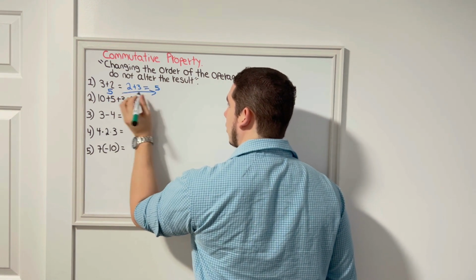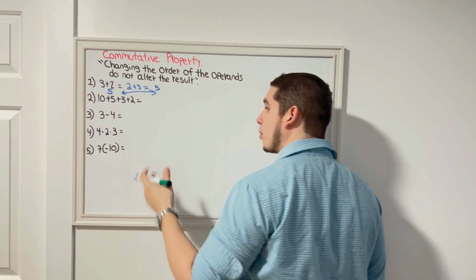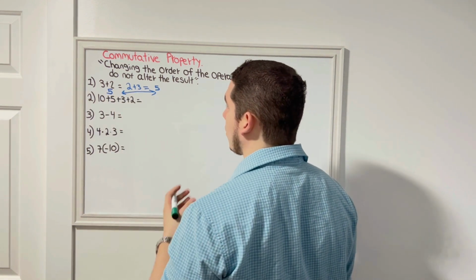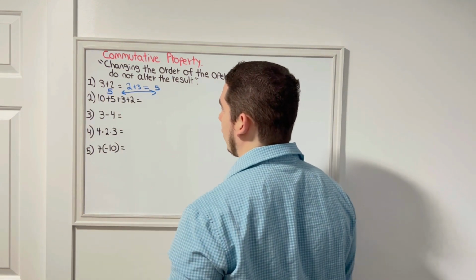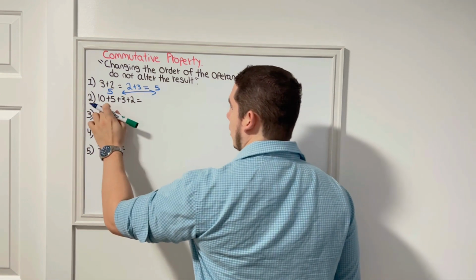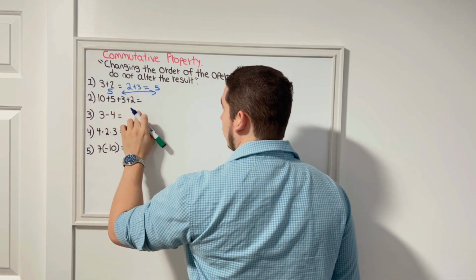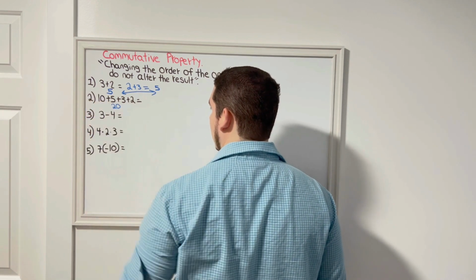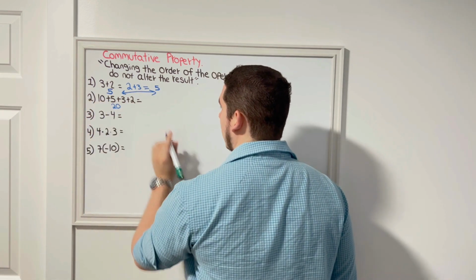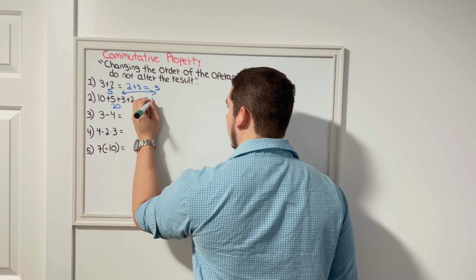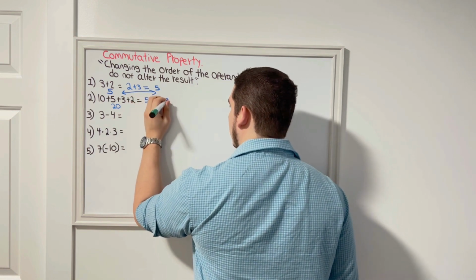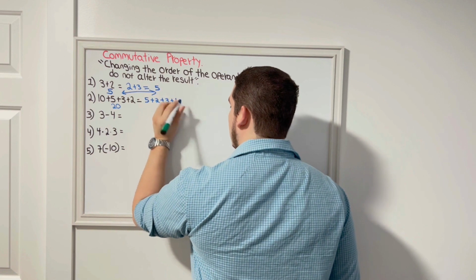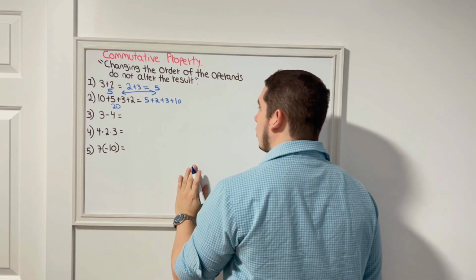Therefore, the property is true. Changing the order of the operands does not alter the result. For example, in this one, we have 10 plus 5 plus 3 plus 2. It equals 20. But we could also say that 5 plus 2 plus 3 plus 10 is a way of applying the commutative property.